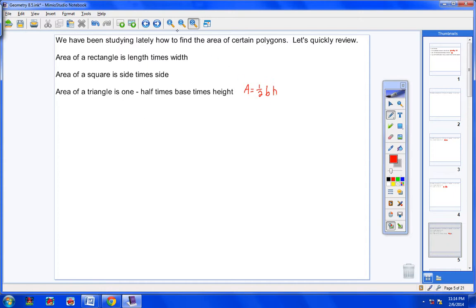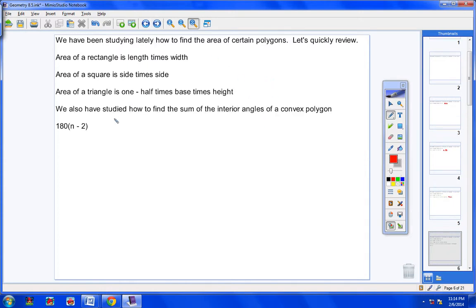All right. We've also studied how to find the sum of the interior angles of a convex polygon. If it's a 7-sided convex polygon, it has 7 sides. Then where the n is, you put a 7. 7 minus 2 is 5. 5 times 180 is 900.